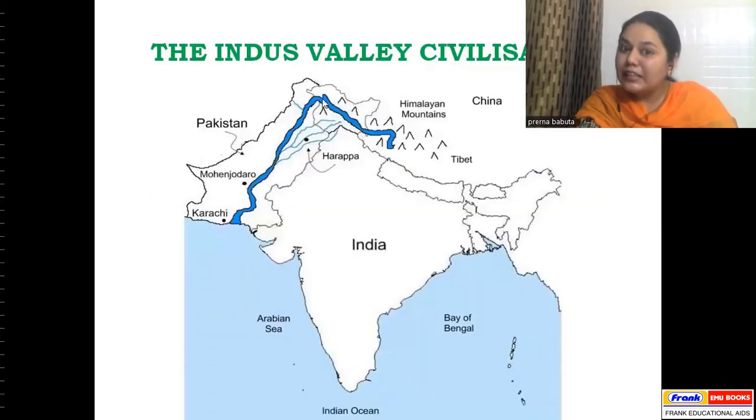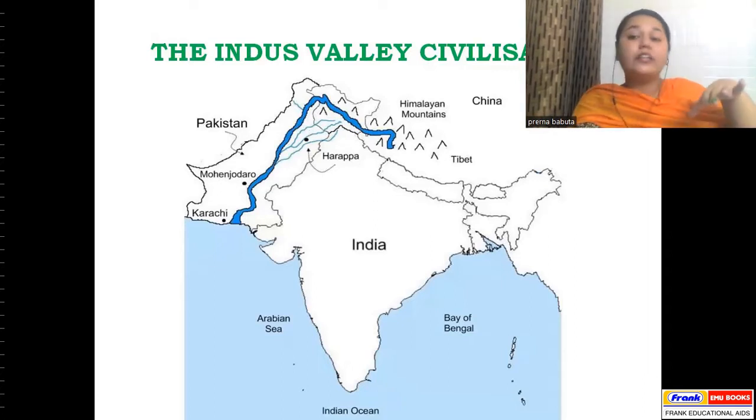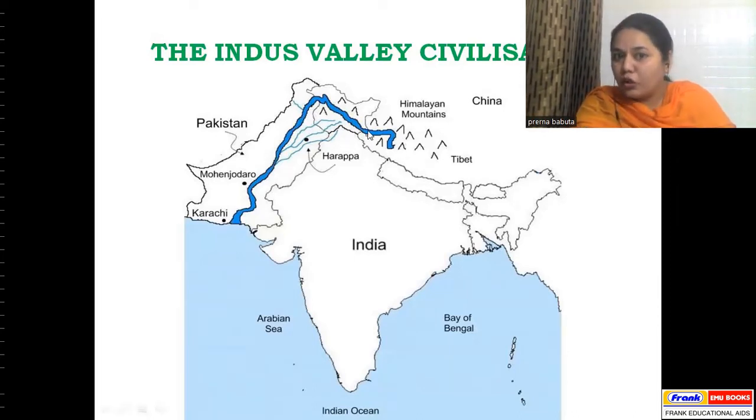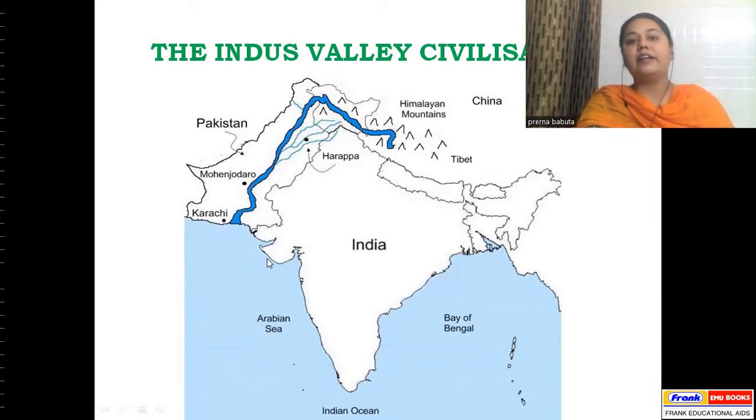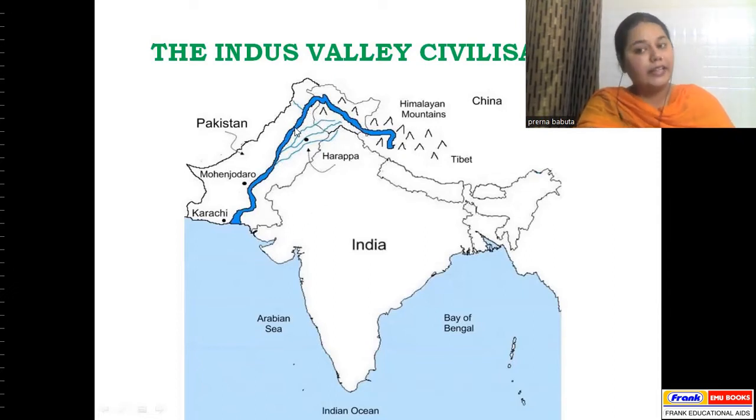Because these are the areas where the sites of the Indus Valley civilization, the evidences that the Harappan civilization existed here, are found: the northern and western part of the country, and in present day Pakistan.